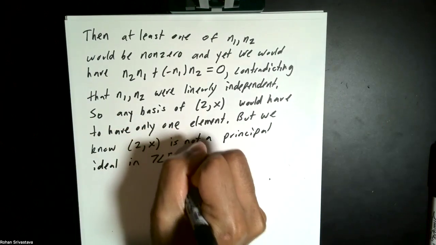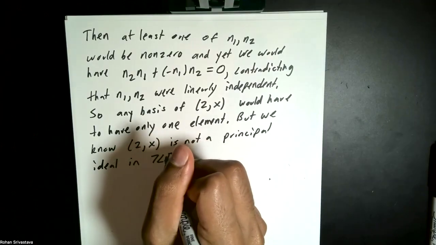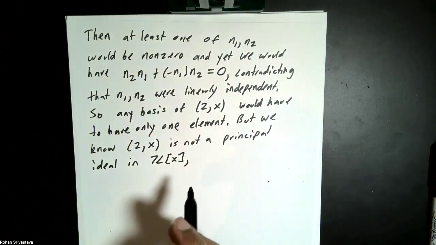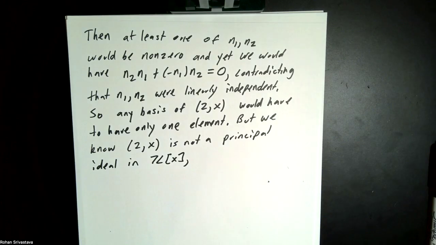In Z adjoin x, that's important, right? If we were in, for example, Q adjoin x, then it would be a principal ideal because it would just be the whole ring itself.